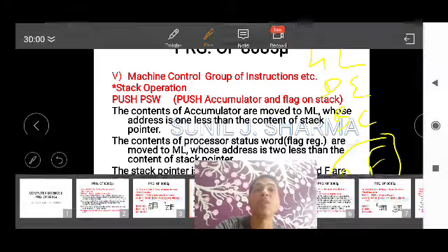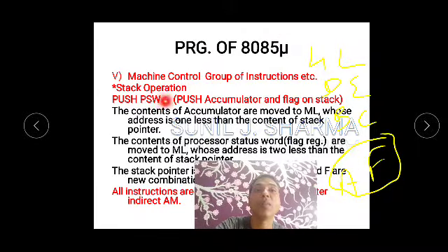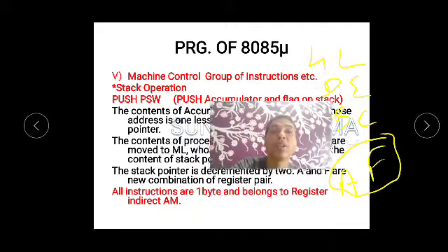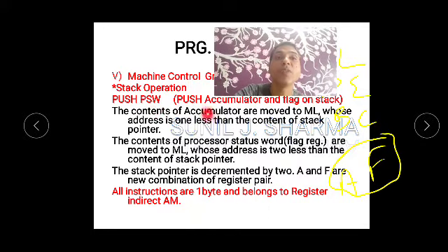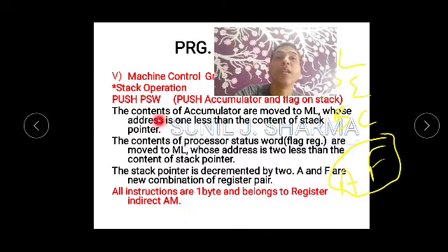So can you see, PSW means accumulator as well as flag contents. Okay, the contents of the accumulator are moved to the memory location whose address is one less than the contents of the stack pointer.